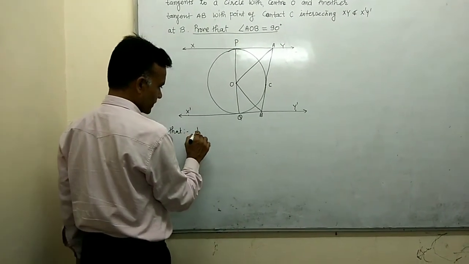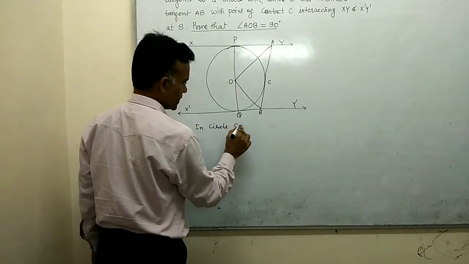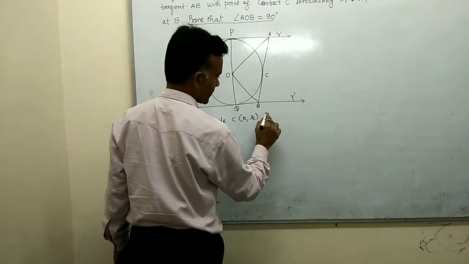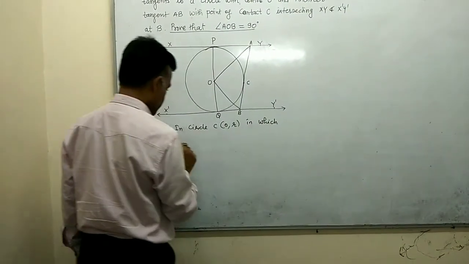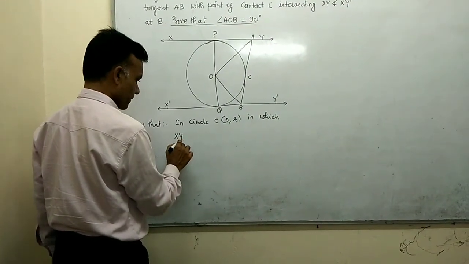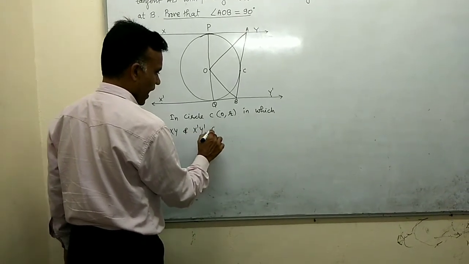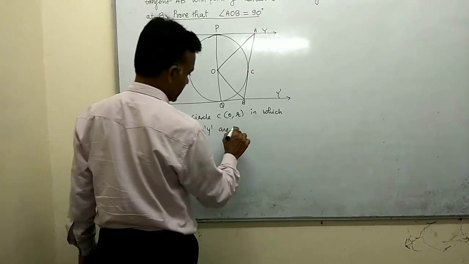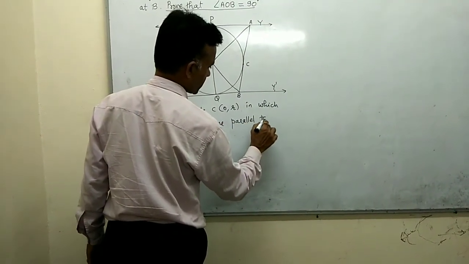Given that in circle C(O, R), center is O and radius is R, XY and X'Y' are parallel tangents, because both lines are parallel.